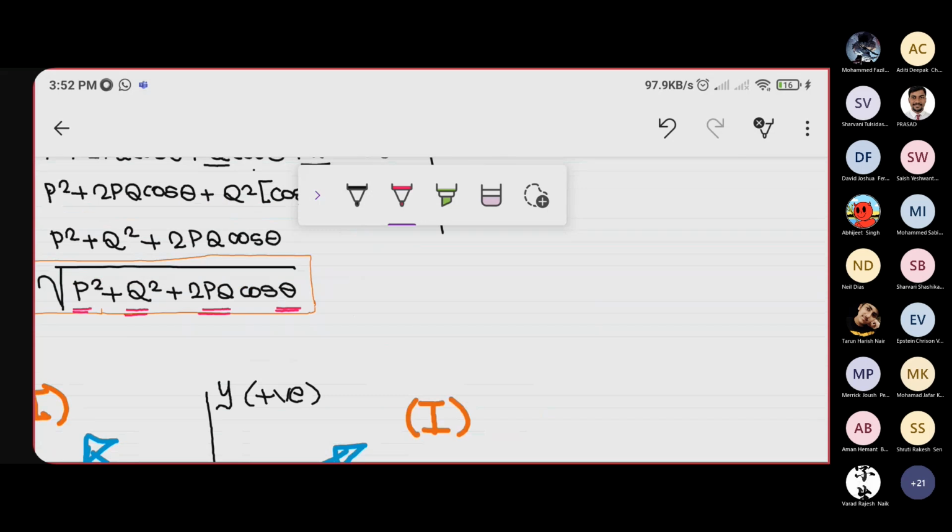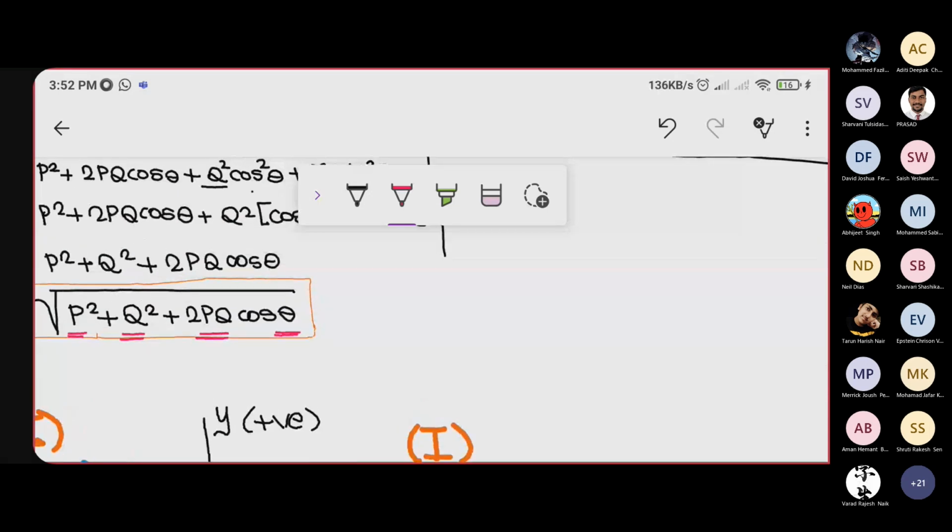Now, just imagine if two forces are perpendicular to each other. What will be the angle included by these two? 90 degrees.